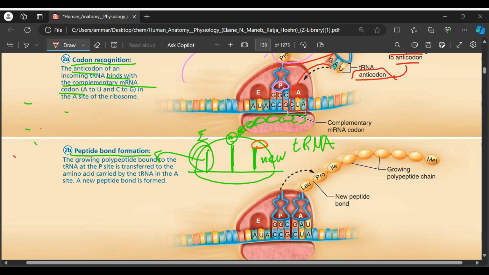Look, here this polypeptide chain will detach. Let's say that this is a girl and this is her father or mother. So let's say it's her father.